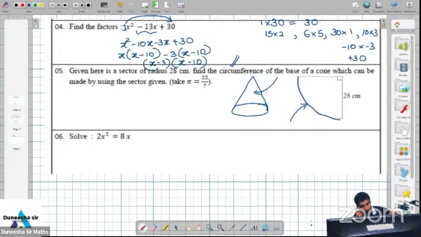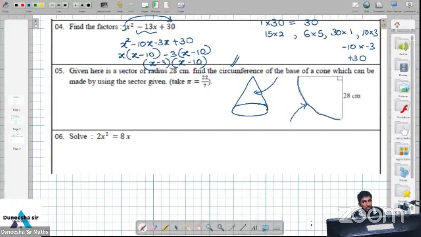What is the formula to find the circumference of a circle? What is the formula for finding the circumference?